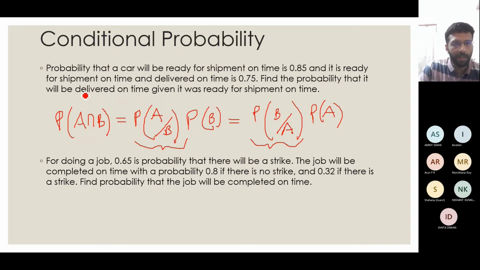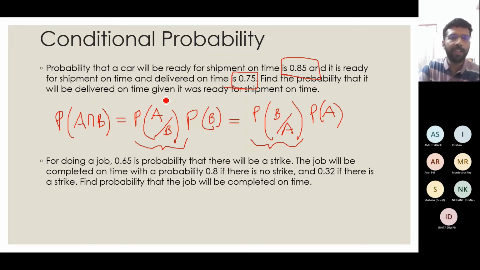The problem statement is like this. The car will be ready for shipment on time with a probability 0.85. Let me suppose that is event A, and it is ready for shipment on time and delivered on time with probability 0.75.